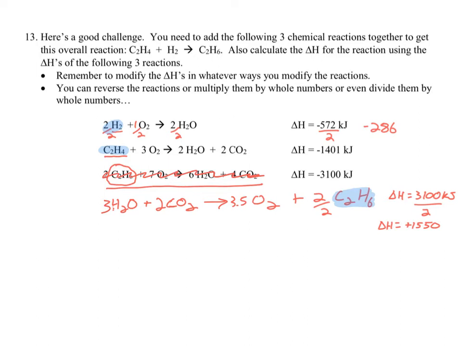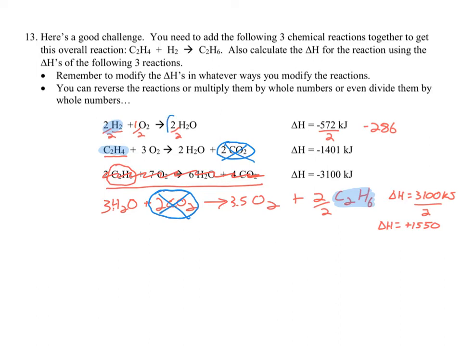So now I'm going to look and see if there are like terms that can be combined. And I'm also going to see if there are terms that can be canceled. For example, I see right now there's a 2 CO2 on the product side and a 2 CO2 on the reactant side. So those two are going to cancel each other out.